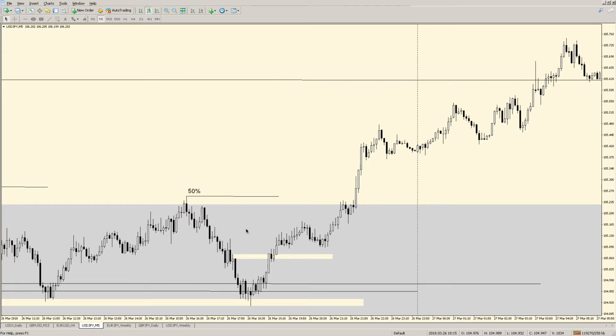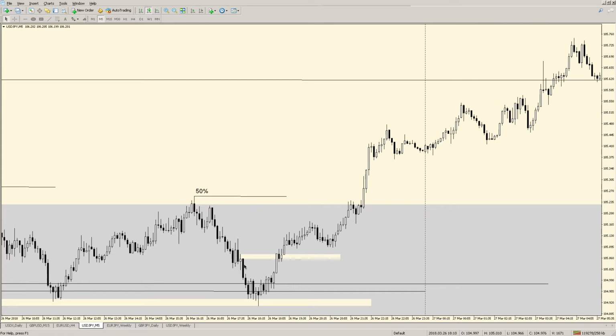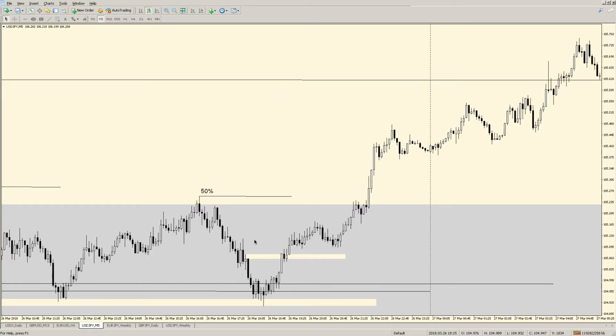What I was looking for was a retest of this level. Obviously hindsight now, yeah, it would have been good to get in and use this breaker. But a lot of the time what I find is that it's better if you wait for confirmation that that level will hold, because a lot of the time it might not. And I think it's a lot better if you wait for that level to be held and then wait for this block or the subsequent blocks to get an entry from.